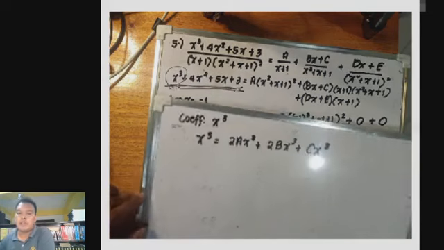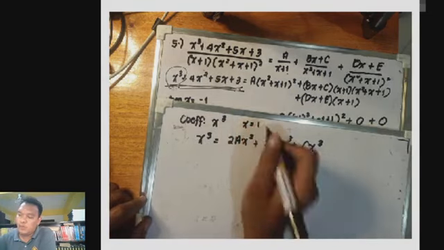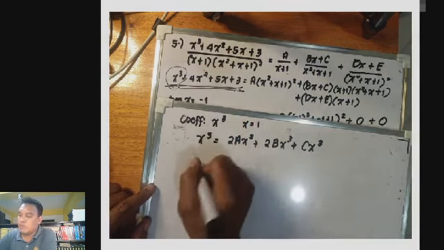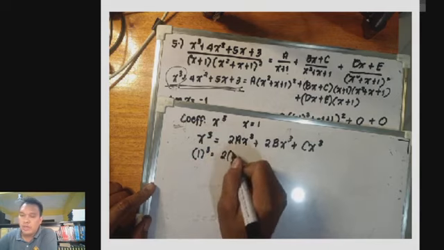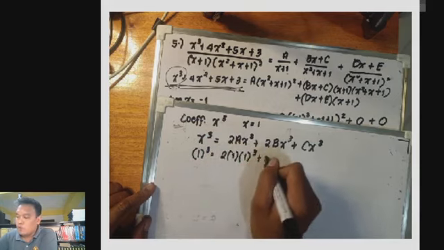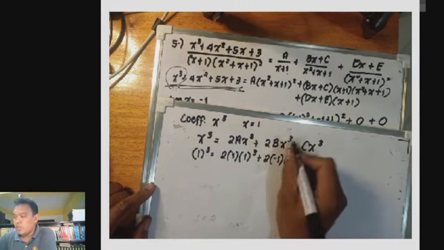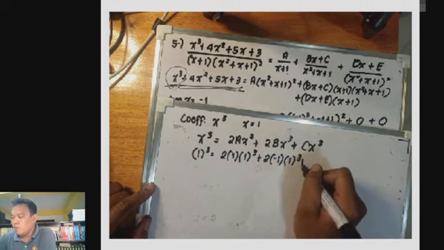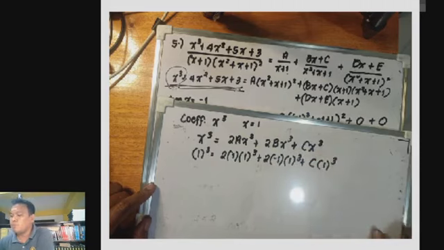Okay? Then, let's consider the value of x is equivalent kay 1 ulit. No? Lalabas, we have 1 cube is equivalent kay 2. The value of a is equivalent kay 1. Tapos 1 cube plus 2. The value of b is negative 1. We have negative 1 times x cube, 1 cube plus c times x, which is 1 cube.